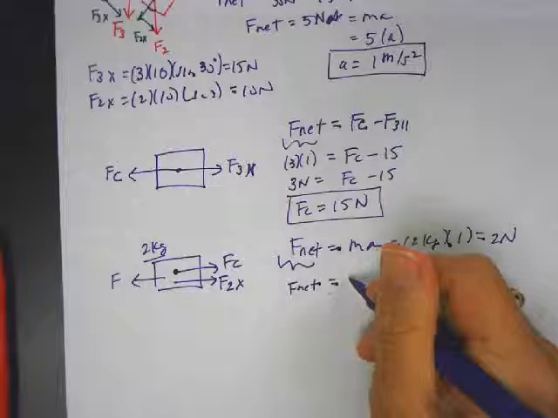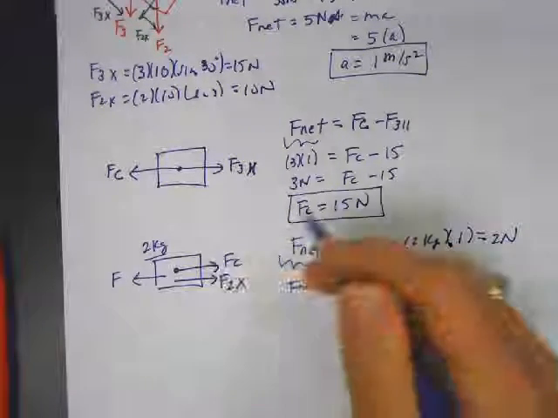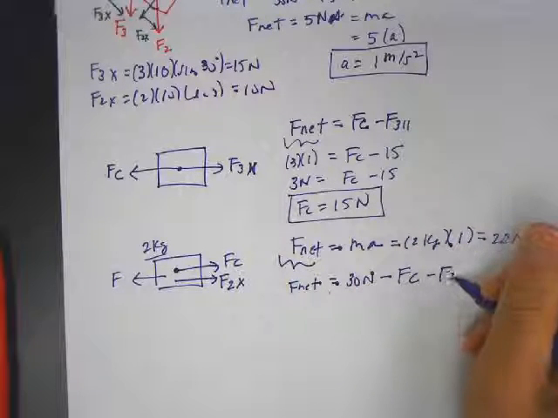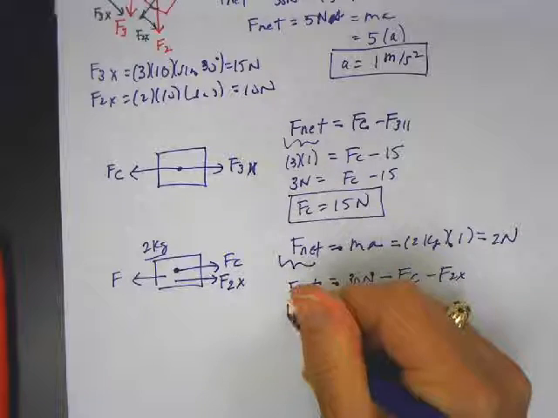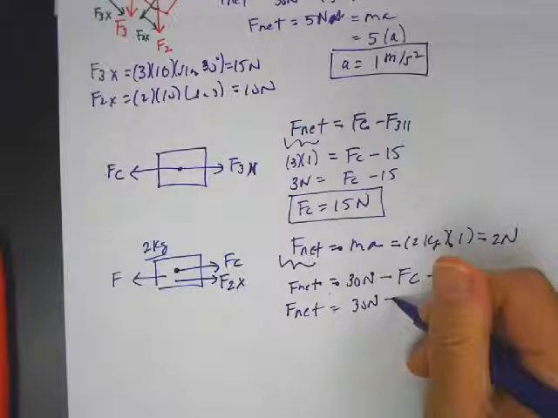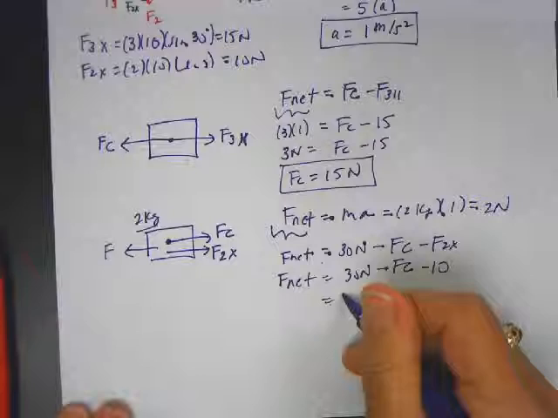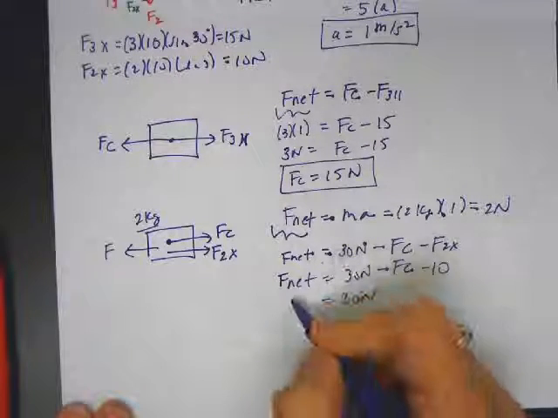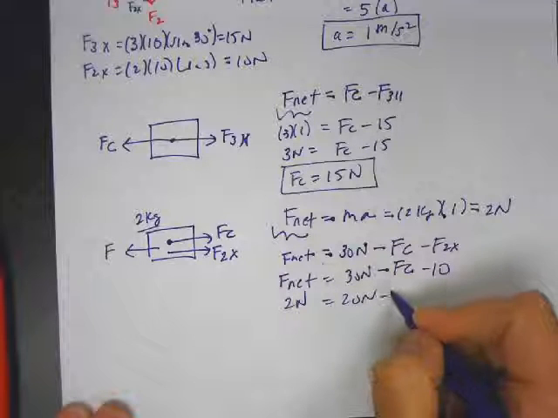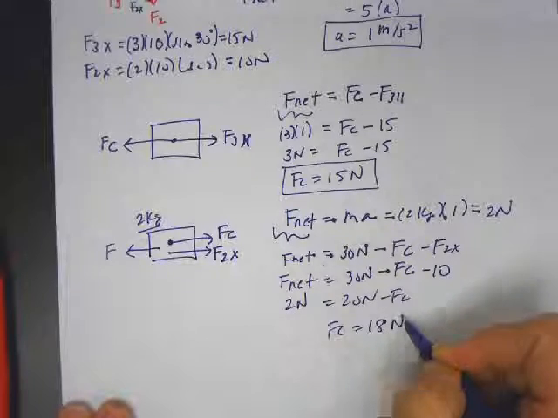So this is equal to 30 newtons, which is positive, minus the contact force minus the component of the weight, which we already figured out is 10. So F net is equal to 30 minus the contact force minus 10. So this adds up to 20, and I know my net force is 2, so 2 equals 20 minus Fc, so the contact force is equal to 18.